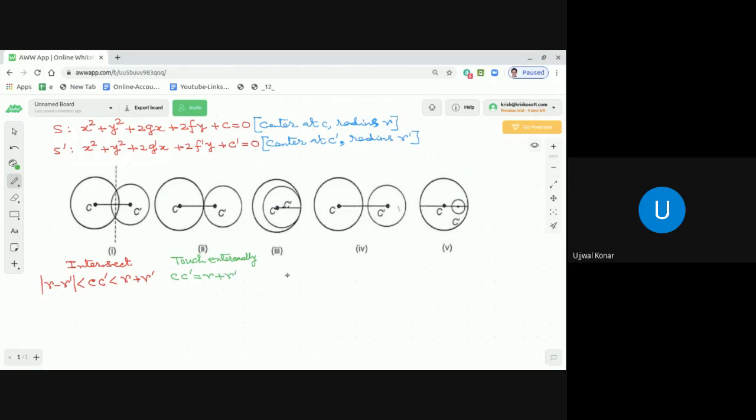Correct? Now the third case is that these two circles touch internally, right?